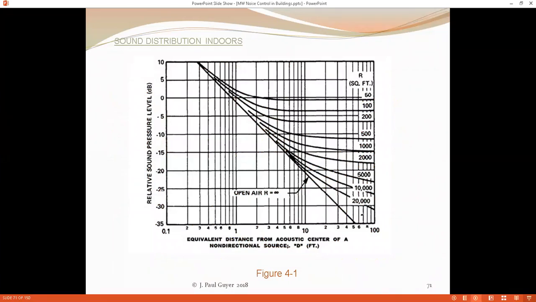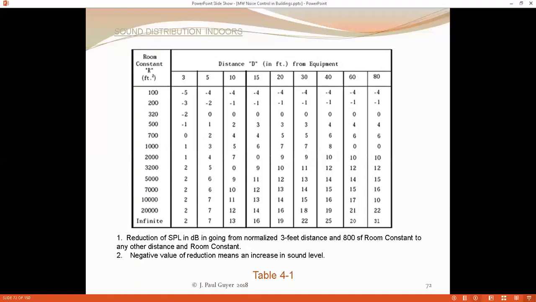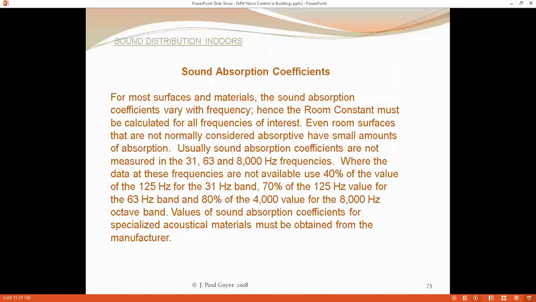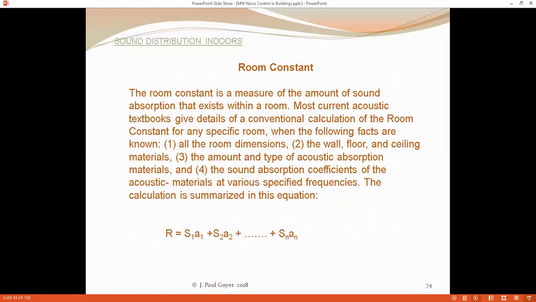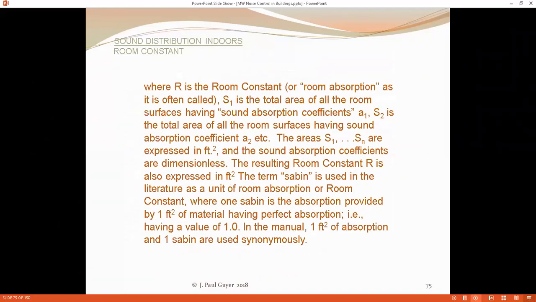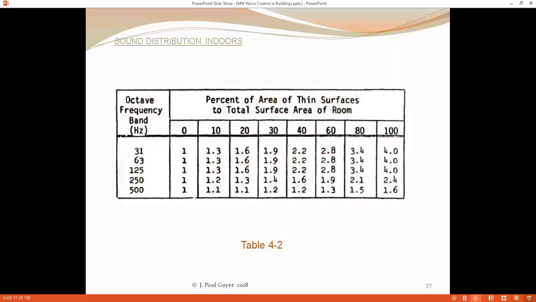This is where, let's see, I don't think we need to get into sound absorption coefficients. We don't have enough time for that. So I'm not going to go into that.